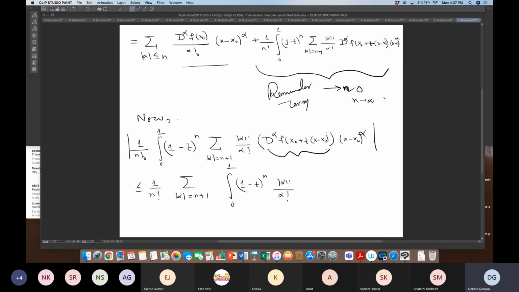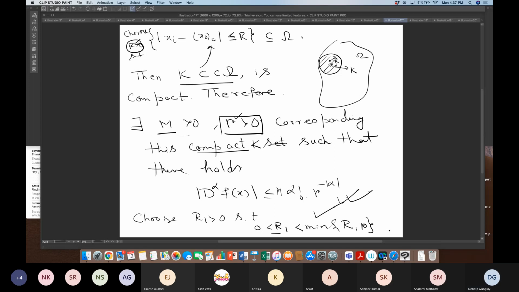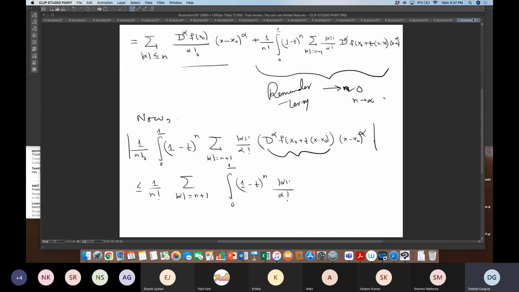What do I have to use here? Somehow I have to use this property, right? Mod of D alpha of f x is less than M alpha factorial r to the power mod alpha. Somehow I have to use this fact. So where do I have to use it?